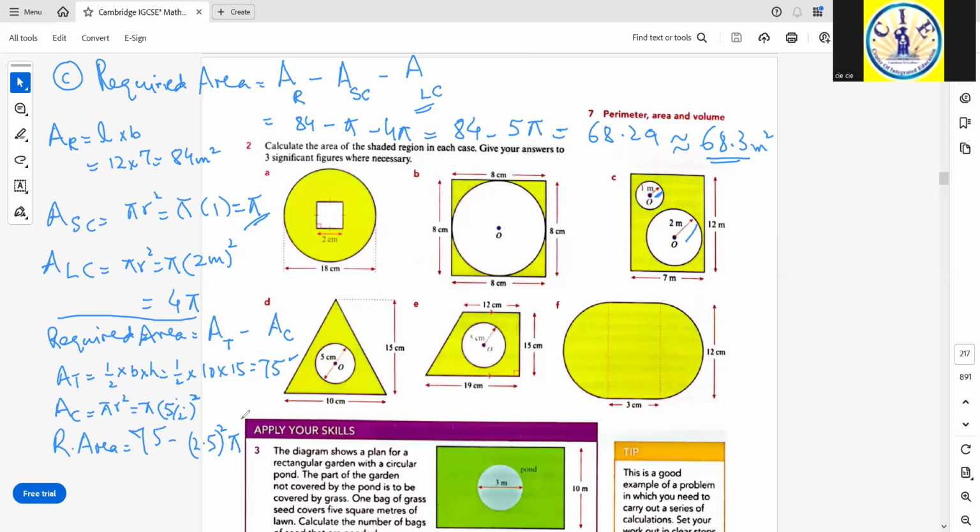The answer is 55.365. So giving the answer to three significant figures, 55.4, because the fourth digit is greater than 5. So this digit 3 will be rounded up. So the answer will be 55.4, and giving the answer with the correct units, that is centimeter squared for area. So this is how it is to be done.